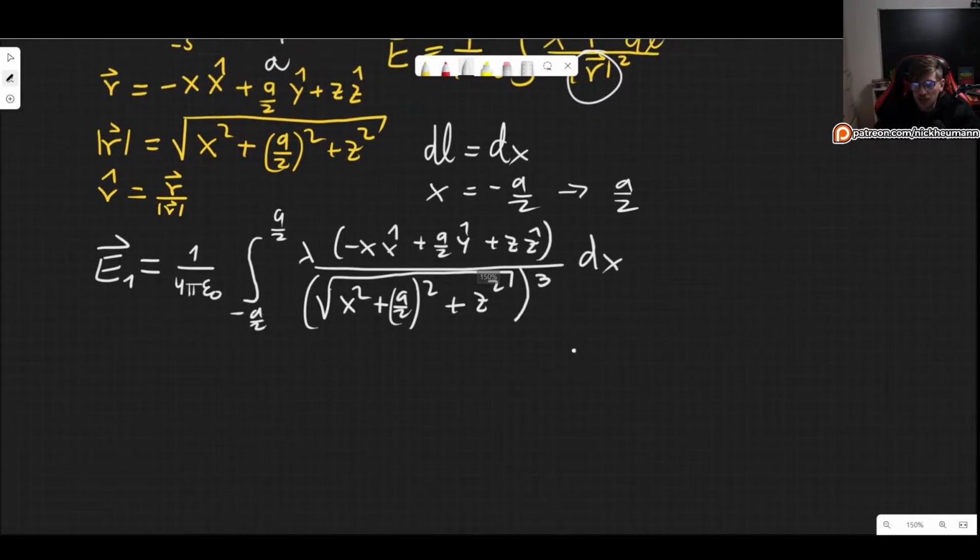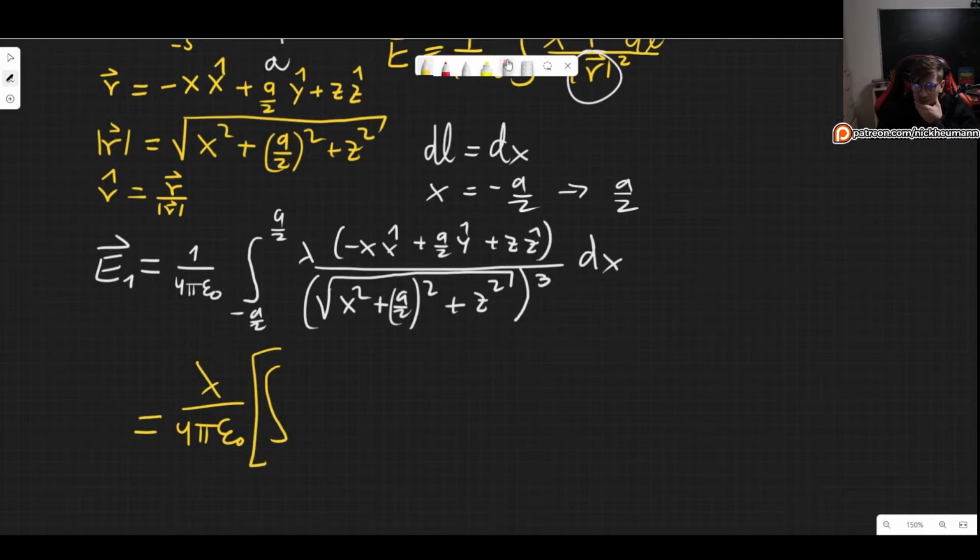Okay, so now we need to integrate this, and notice that this is going to be quite similar to what we have done many times in the past. All of this part doesn't depend on x, only this part depends on x. So let's now separate this integral. So we get lambda divided by 4 pi epsilon 0. And then we integrate. Let's separate it before doing this.